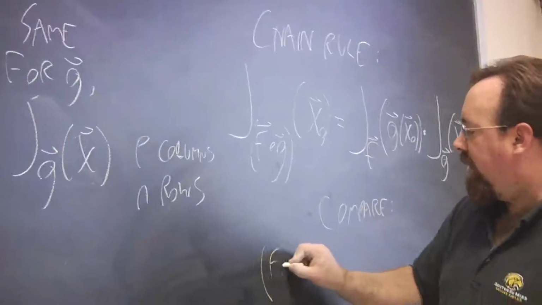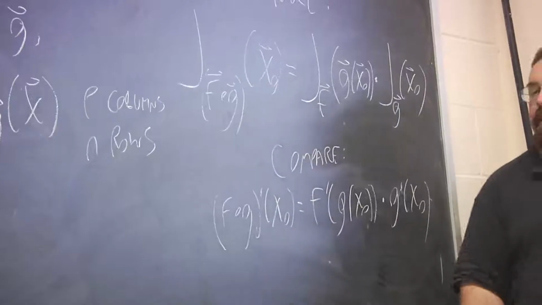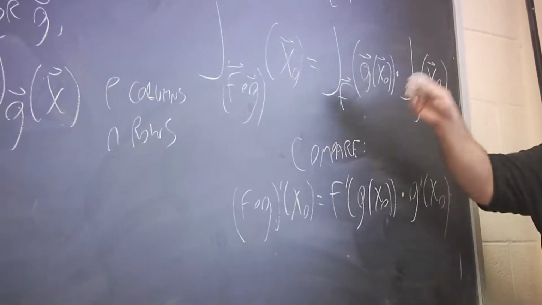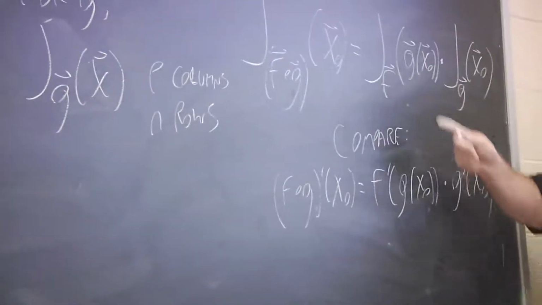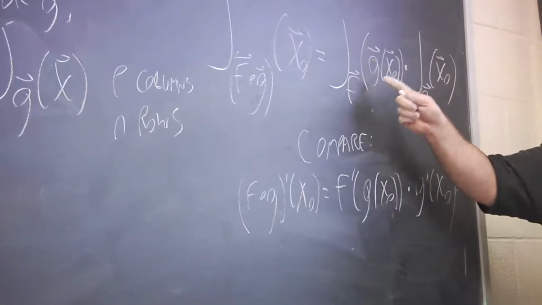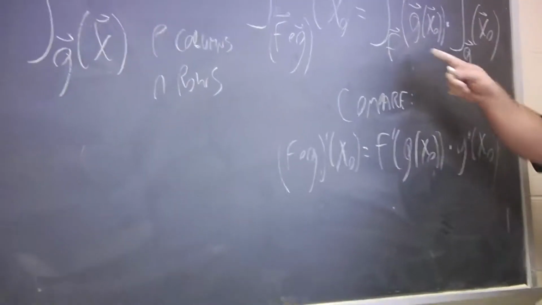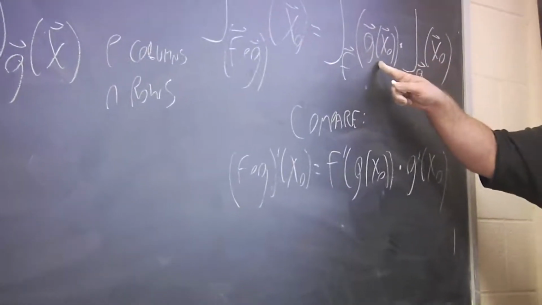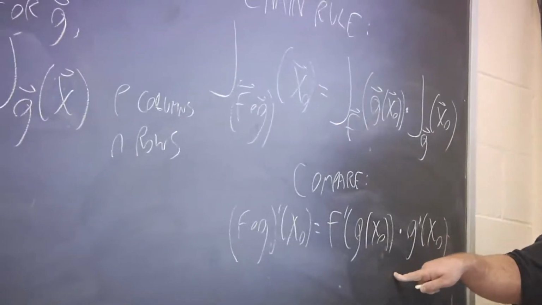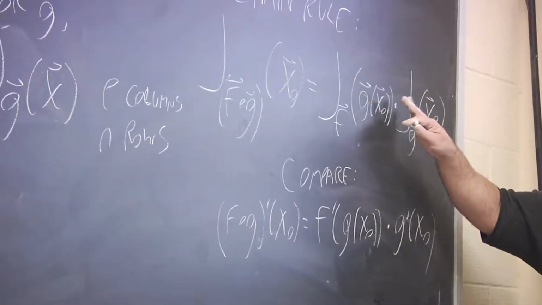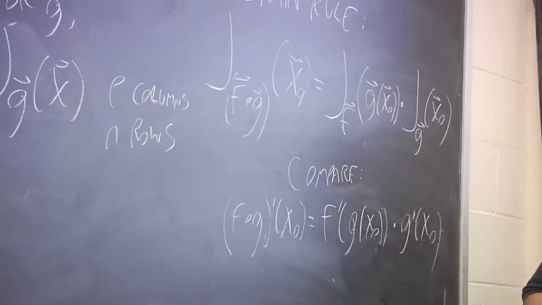So compare that with the single variable case. We take the derivative of f, and this matrix is referred to in Marsden as the derivative. So we take all this matrix of partial derivatives, multiply it with this matrix of partial derivatives, and the ones of f are evaluated at g of x naught, the partial derivatives of g are evaluated at x naught. Exactly the same thing that's going on down here, where matrix multiplication reduces to ordinary multiplication.